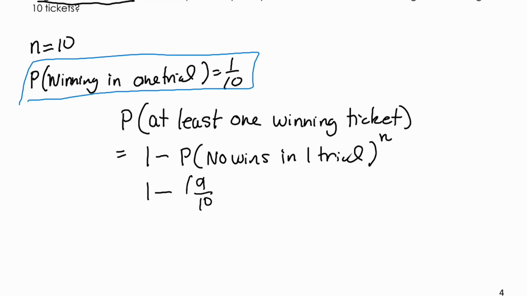So that means my probability of no wins in one trial would be 9/10. And I would have to raise that to the 10th power because my n is 10. I have 10 trials. So when I put that on my calculator, I'm going to get approximately 0.651. So I have a probability of 0.651 to win at least one ticket in 10 tickets.